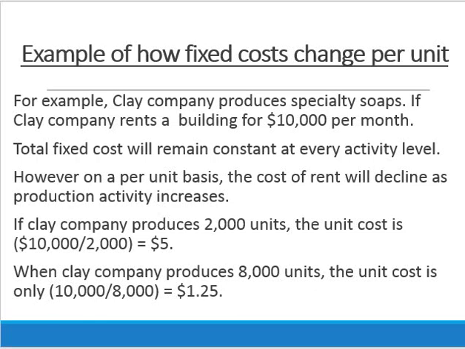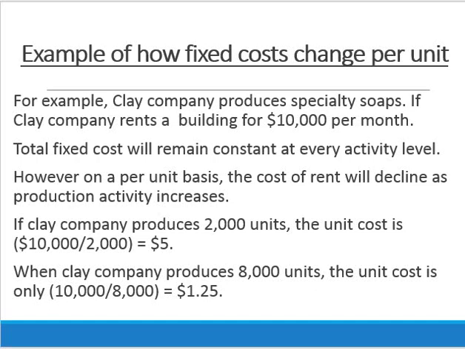So here's an example. If Clay Company produces 2,000 units, you're going to take the $10,000 total cost divided by the 2,000 units, and in this case, it will cost Clay Company $5 per unit in fixed costs.